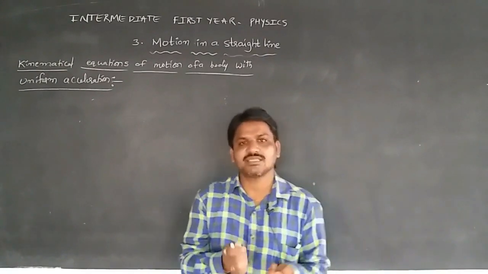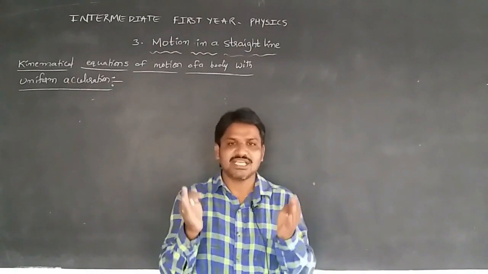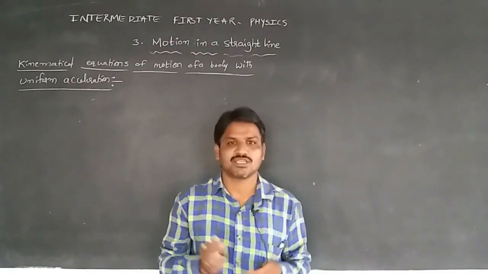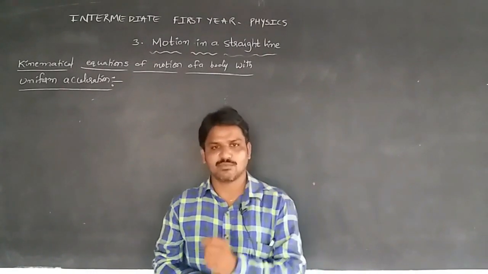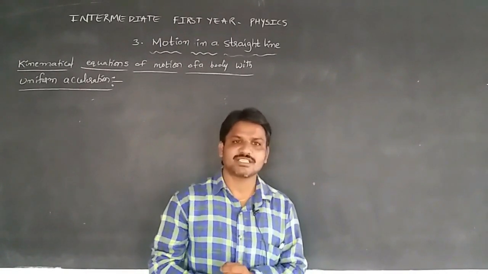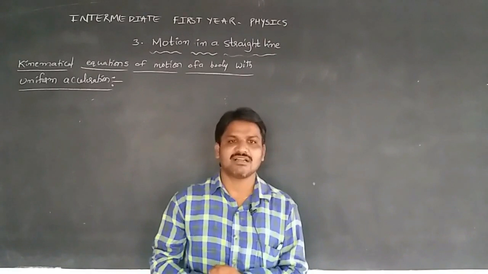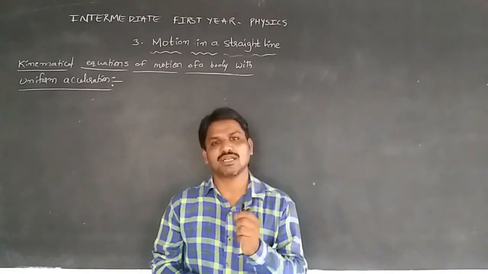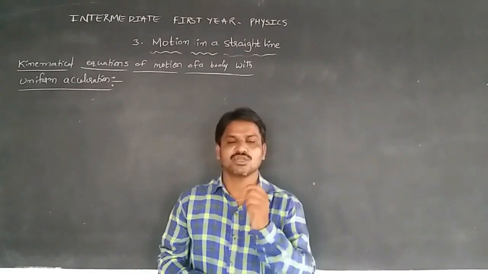So when the body travels equal distances in equal intervals of time, it is called uniform motion. Uniform velocity means the body travels equal displacements in equal intervals of time.